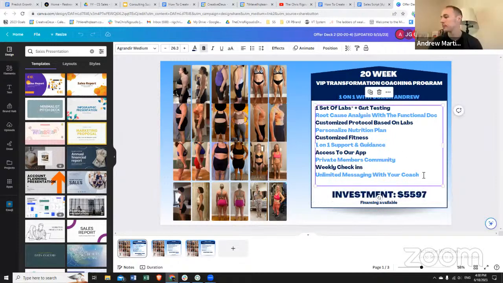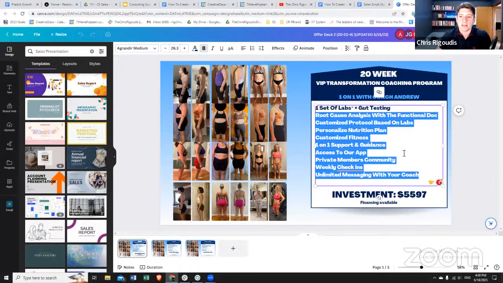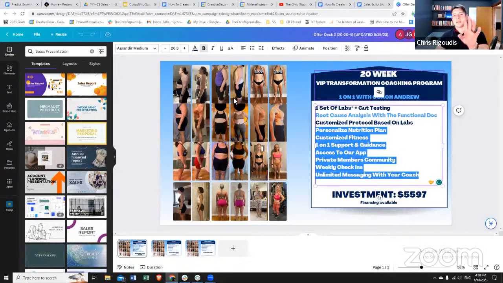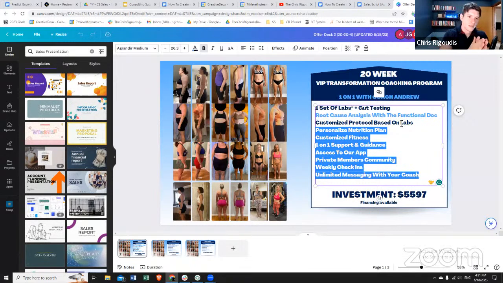I'm not gonna erase anything, but I'll have the exact same slide. Go ahead and duplicate it. Yeah. Right on top, you're gonna have step 1, set of labs, customized protocol. You're gonna talk your way through that. The biggest problem people have when it comes to this, yada. Can you see how this might benefit you?